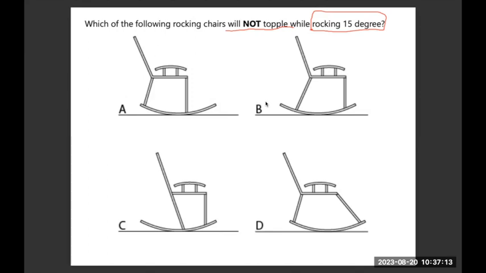Pratvi, wrong answer. Shimoli, wrong answer. Divya, Arya, wrong answer. Ma'am, topple means falling down? Yes, it means falling down. Vishwa, Darsh, partially correct answer. Diya, partially correct answer.